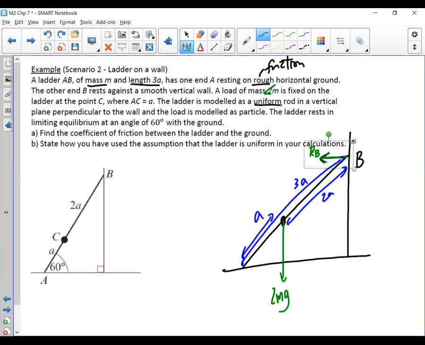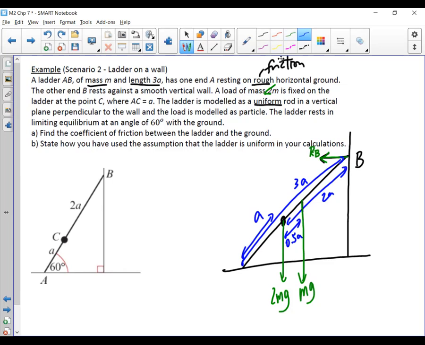Uniform rod means the mass of AB is down the middle, so that'll be right down here. Mg, the weight of the ladder, is down the middle. So this will be 0.5A, because the whole length is 3A. Therefore this length will be 1.5A, because that's A, so that has to be 0.5A.